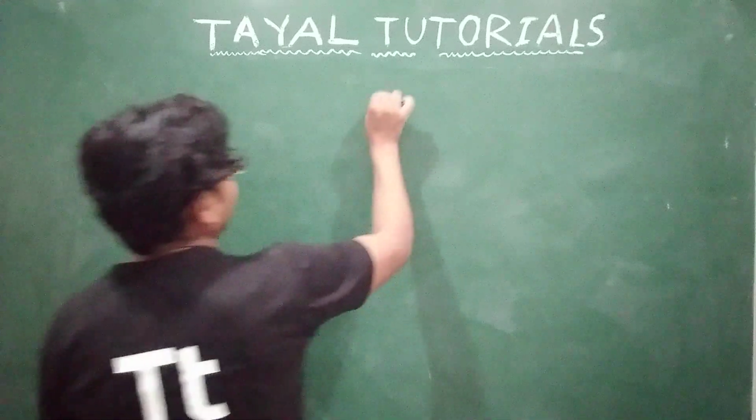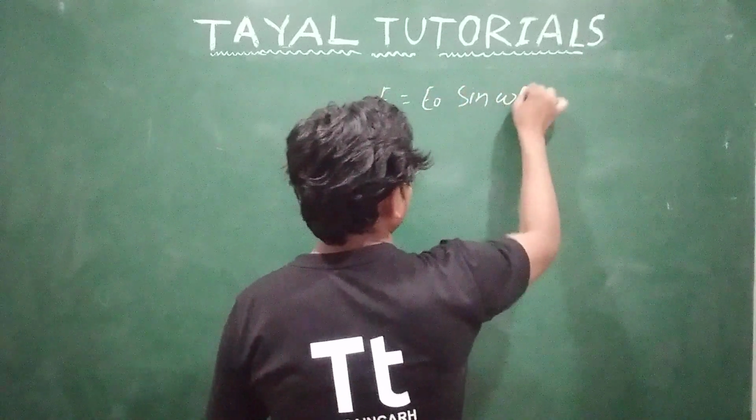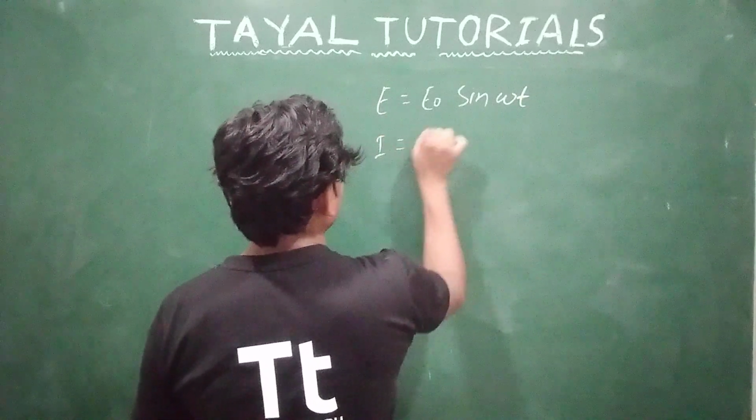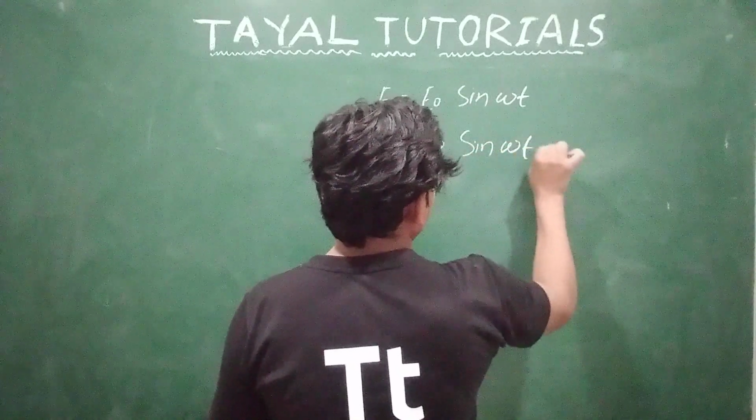So E is equal to E naught sine of omega t and I is equal to I naught sine of omega t plus pi by 2.